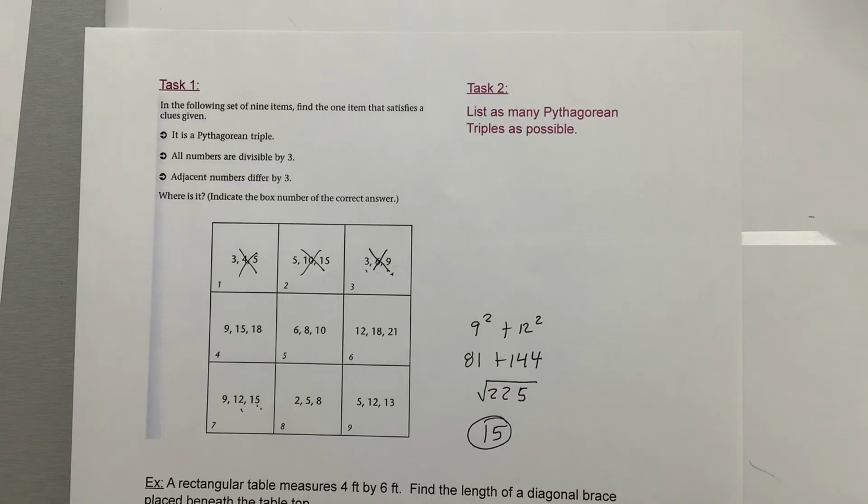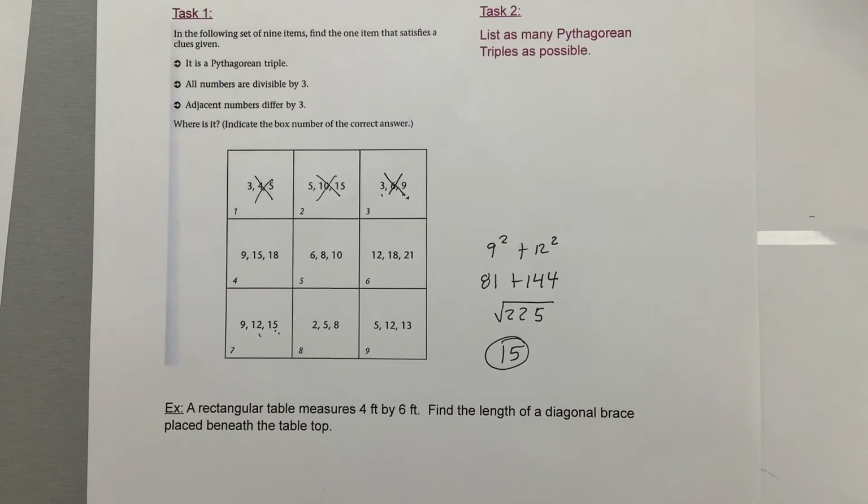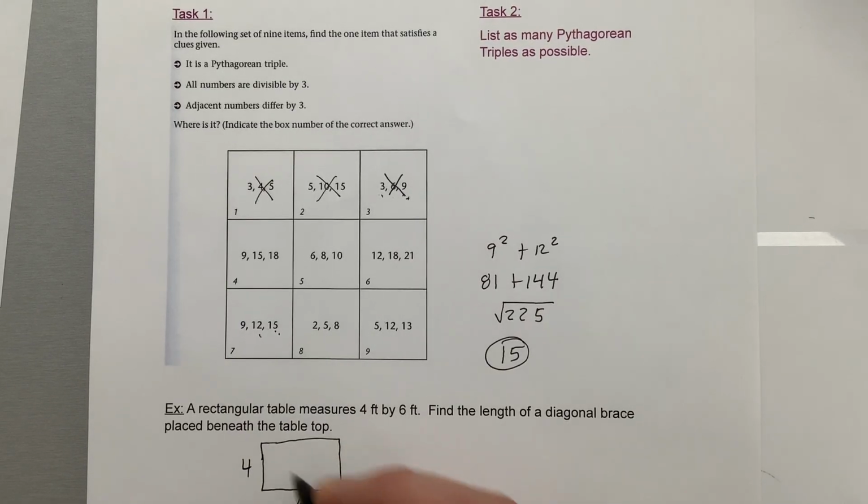Let's go ahead and do our examples down below. A rectangular table measures 4 by 6. We want to find the length of the diagonal brace that's underneath of it. Rectangular table, 4 by 6, diagonal brace. How long is it?